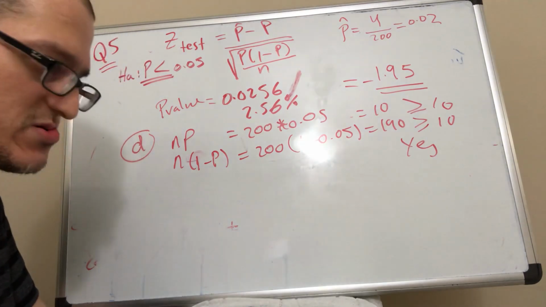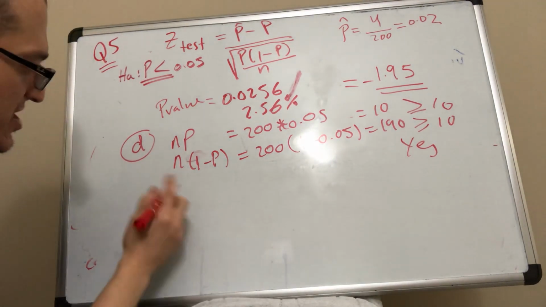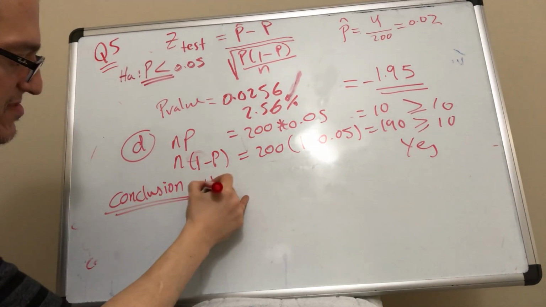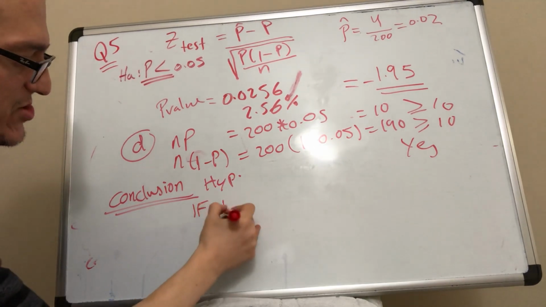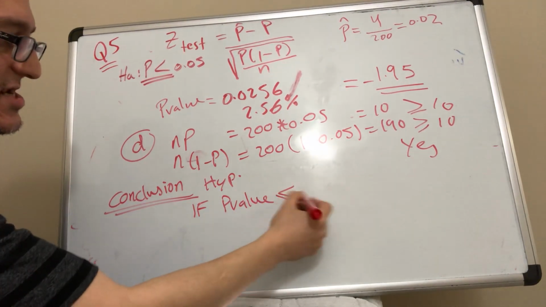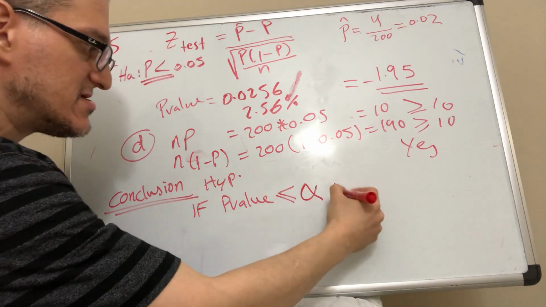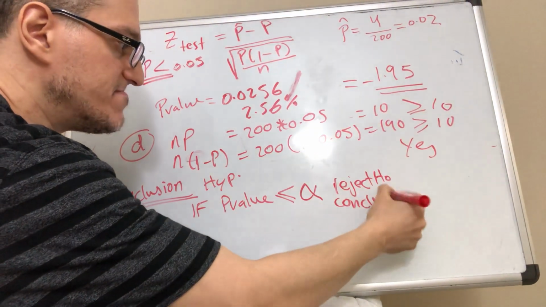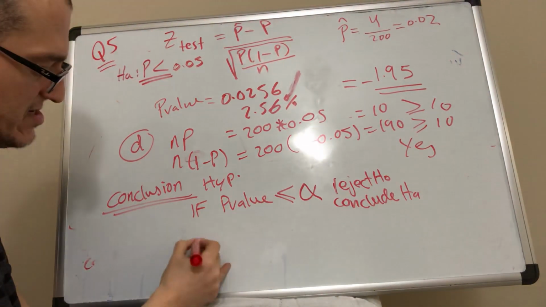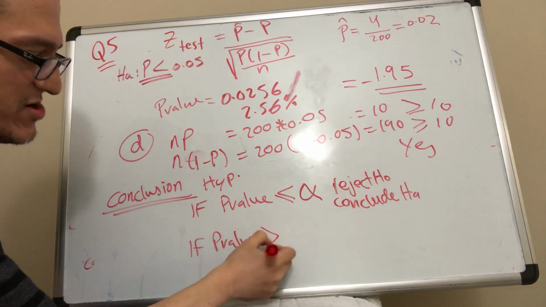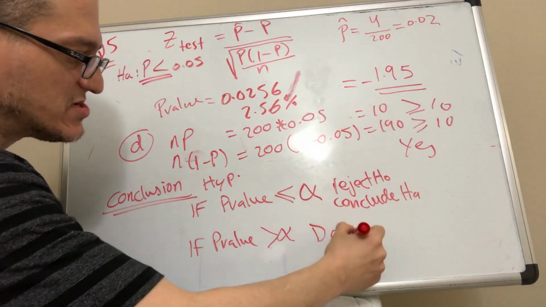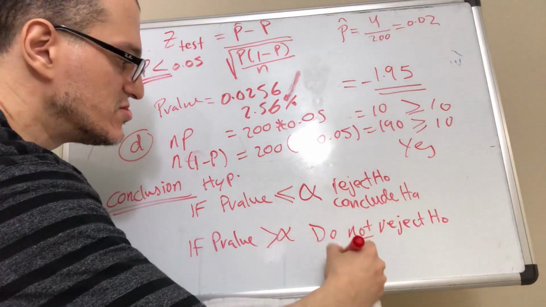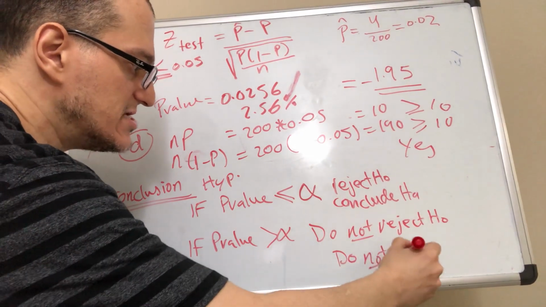Now, what's your conclusion in this case? Conclusion for hypothesis, for any problem: you look at your p-value and see if it's less than alpha. If it is, then you reject H0 and you conclude HA. If the p-value is more than alpha, you do not reject H0, you do not conclude HA.